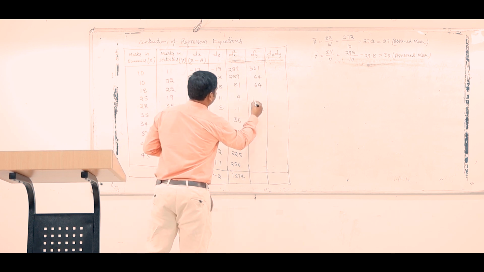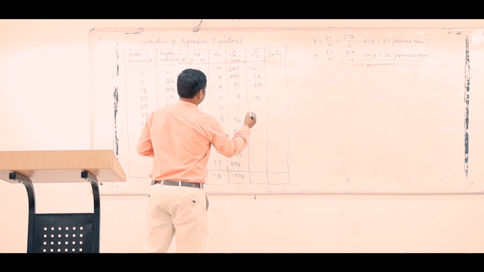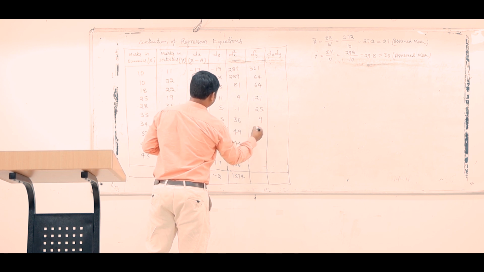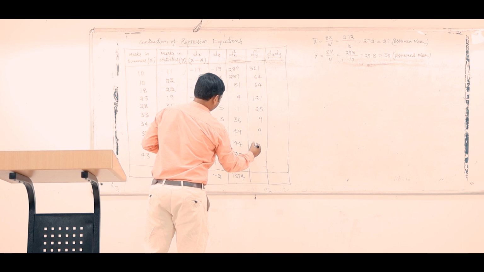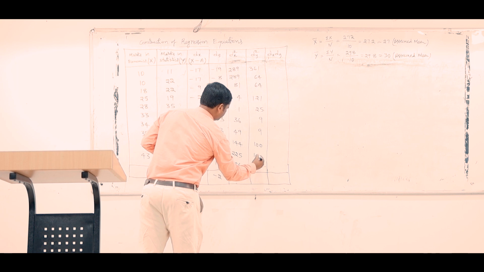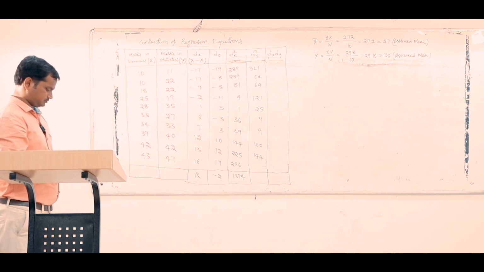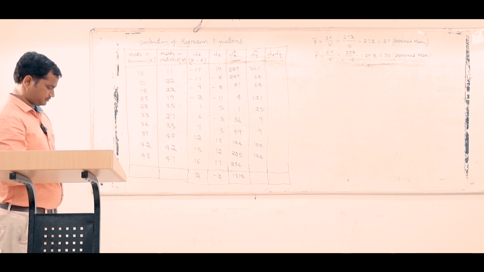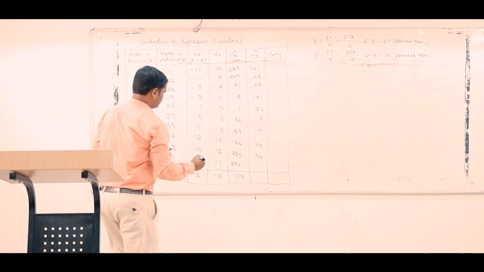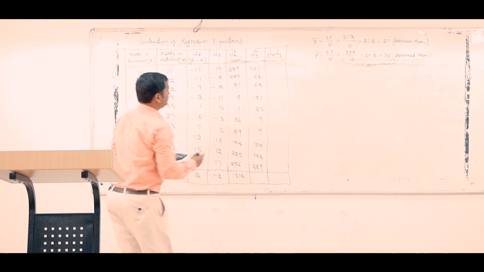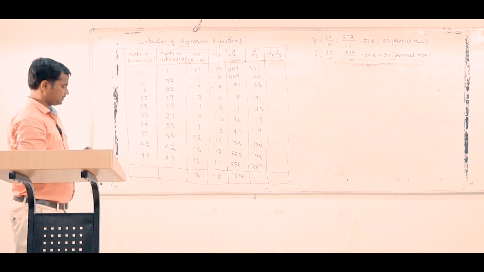Next is 121. Then 5 square is 25, 3 square is 9. Then 100, 144. Then 17 into 17 is 289. So like that we should find out the squares.